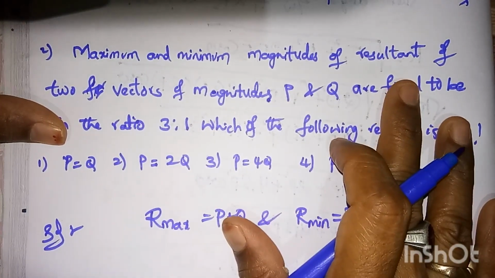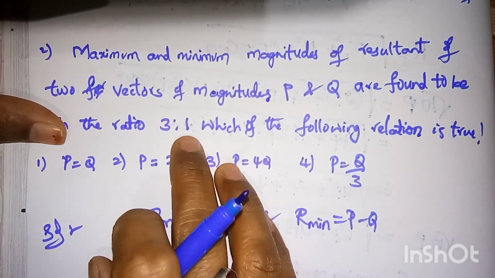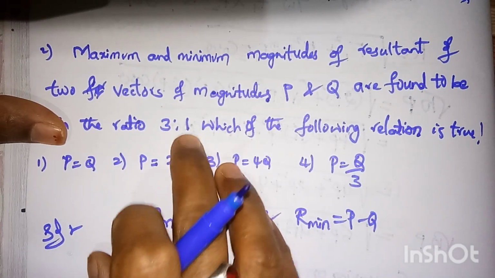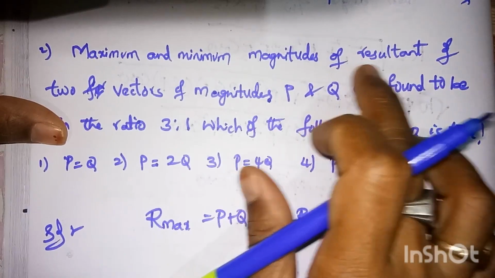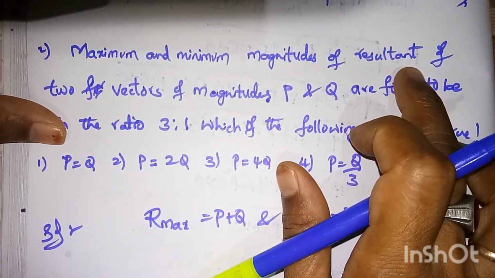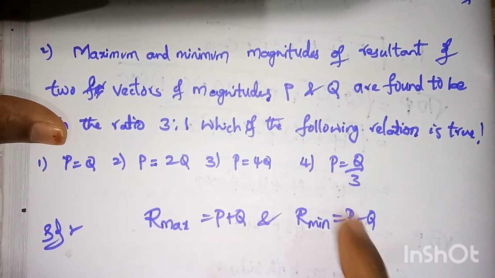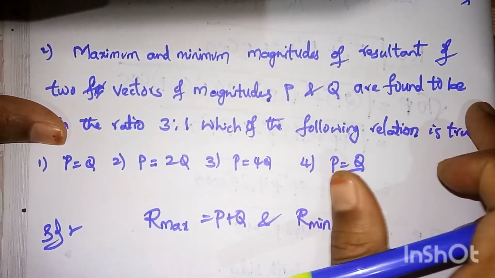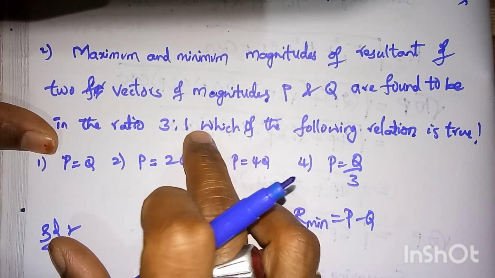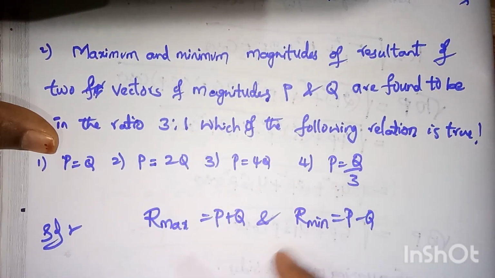They have given that these are in the ratio of 3:1. So the maximum and minimum magnitudes of the resultant of two vectors of magnitudes p and q, that is p plus q and p minus q, are found to be in ratio 3:1. Which of the following relations is true?